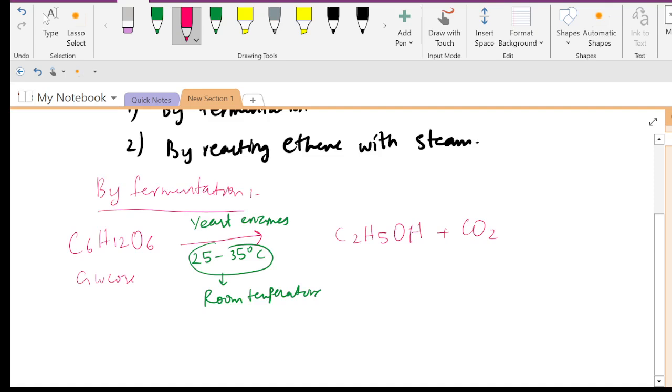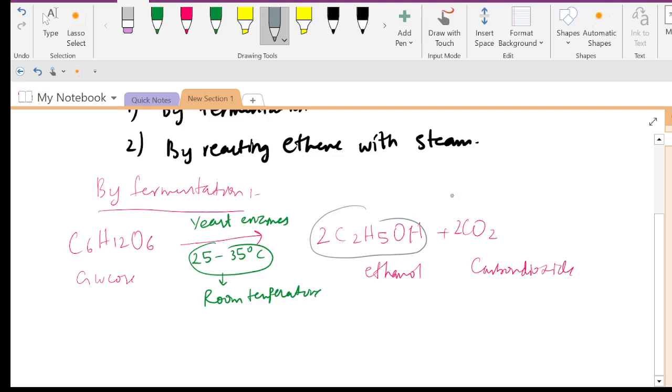One molecule of glucose will produce two molecules of ethanol and two molecules of carbon dioxide. The ethanol produced in this process is around 15% pure.